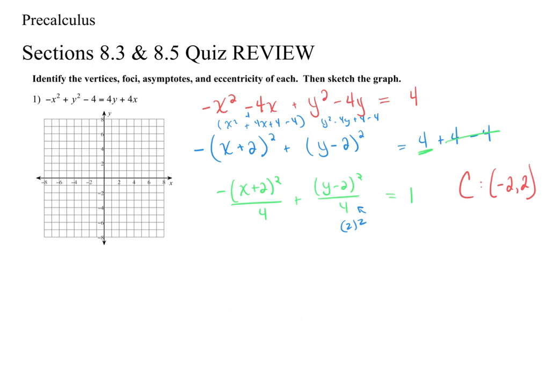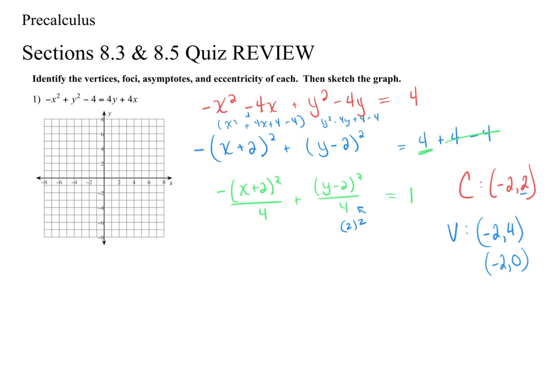So I'm going to start at that center, and my vertices are going to stay at -2 for the X value. The Y value is going to go up 2, which is 4, and then down 2, which is 0. So I look at how it's opening, and the square root of the number underneath tells me how far away from center I'm moving. Those are my vertices. It does not ask for covertices, so you don't have to worry about that, all right?